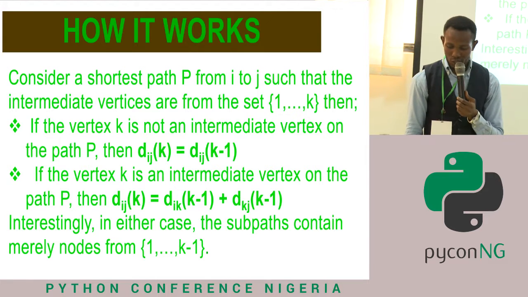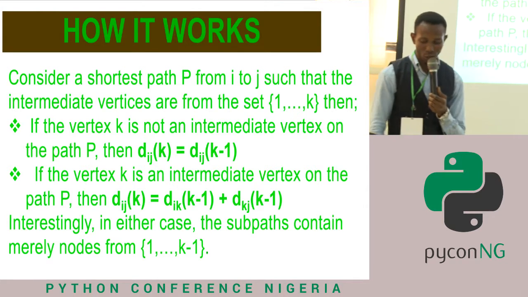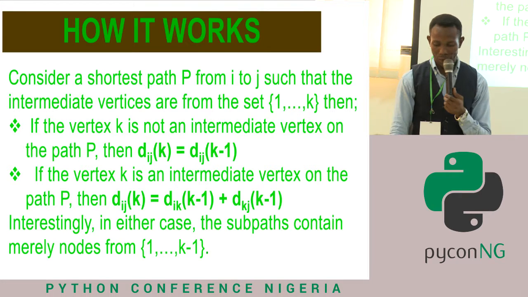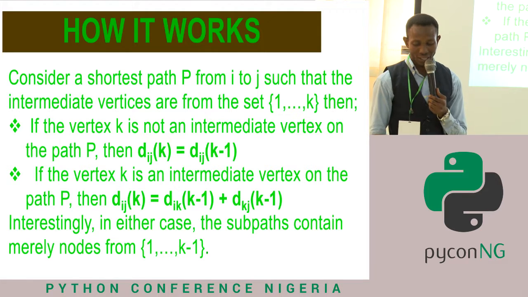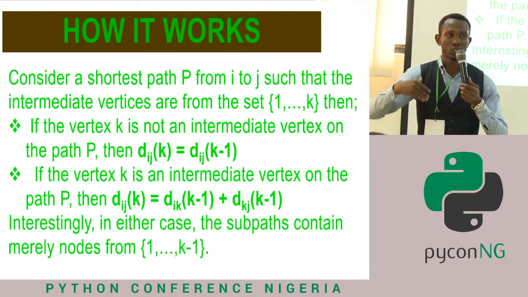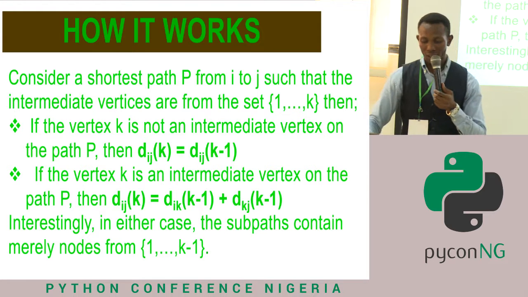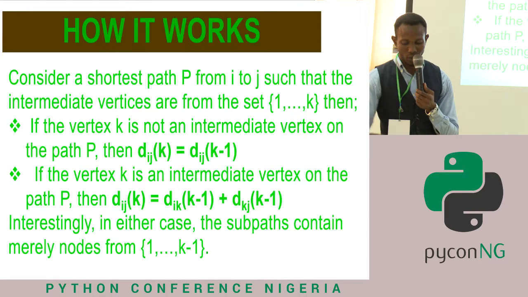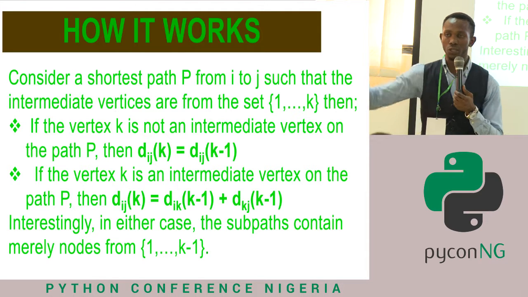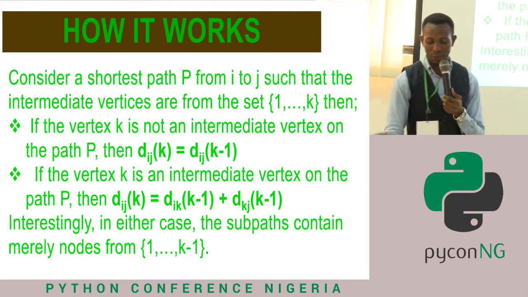Consider a shortest path P from, let's say, Lagos to Ibadan, or let's say Lagos to Calabar, such that the intermediate vertices, that is the points in between Lagos and Calabar, are from 1 to k. So the towns between Lagos and Calabar are k.